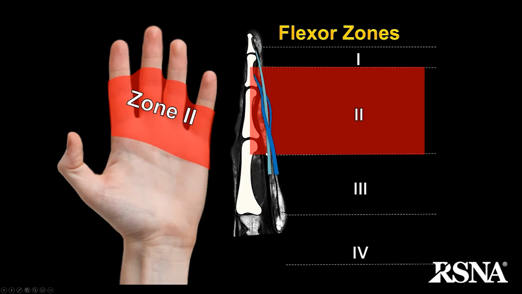Over here, this would be the margin of the A1 pulley. And because of the complexity of this region anatomically and the surgical implications of that, this is called no man's land. It's no longer true. Surgeons do operate there, but there are certain implications of injuries in this area.